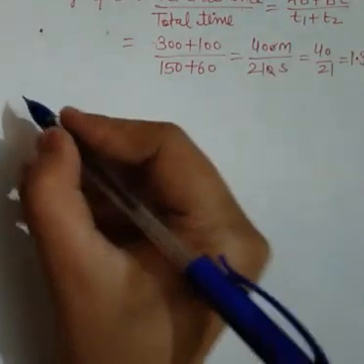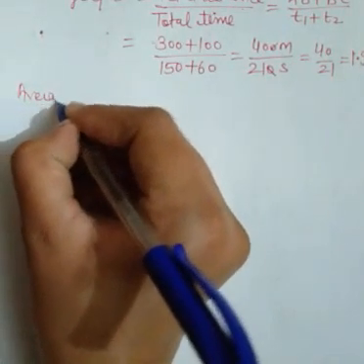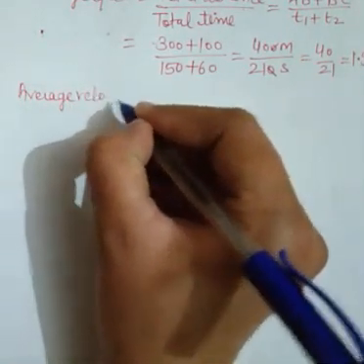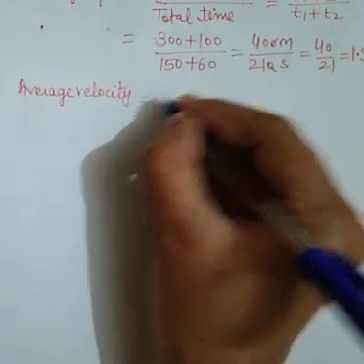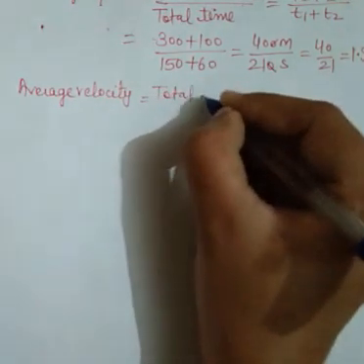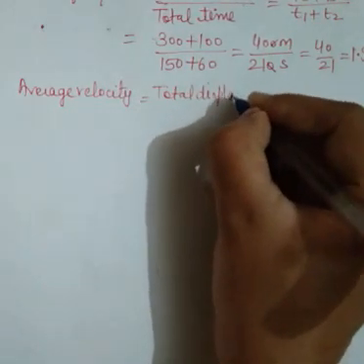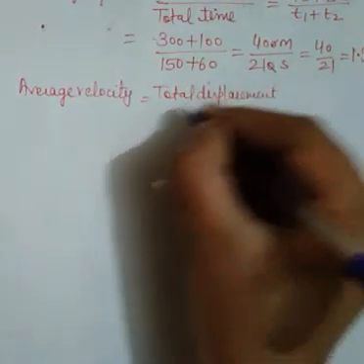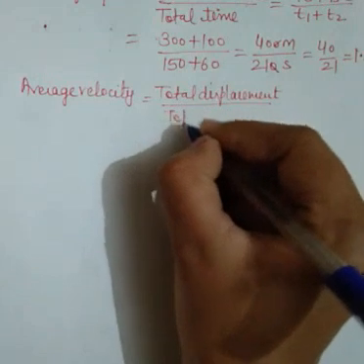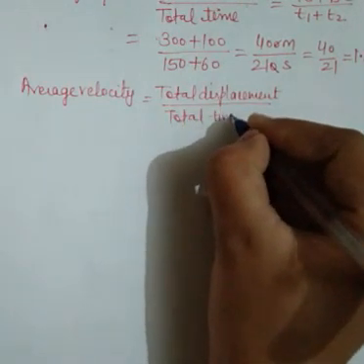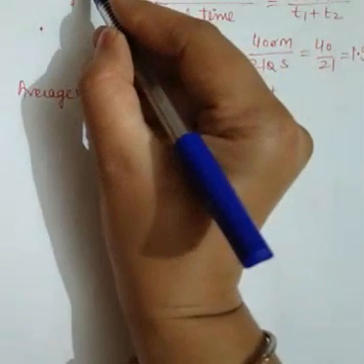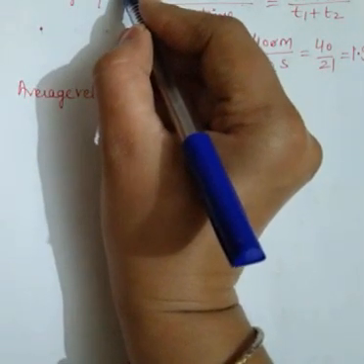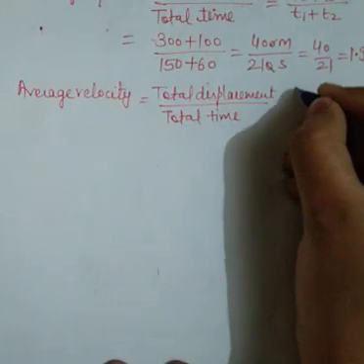Now we have to find out the value of average velocity. What is average velocity? Average velocity is total displacement upon total time. What is displacement? The person has started from A and reached C. So A is the initial and C is the final.